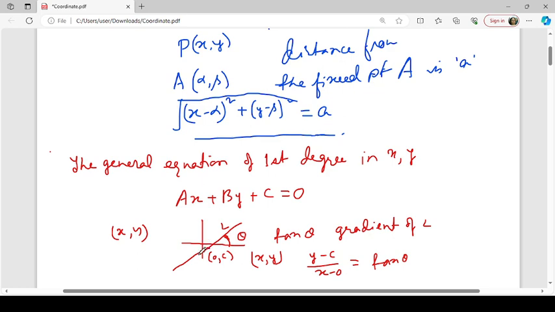Means it is the distance between the origin and the point of intersection. It is c. We say c is the y-intercept, or intercept on the y-axis, the y-intercept of the line.